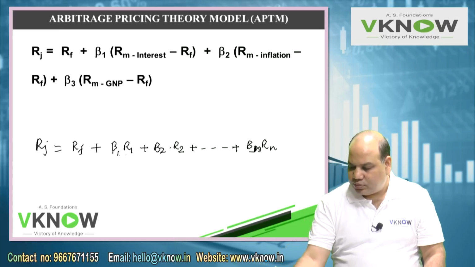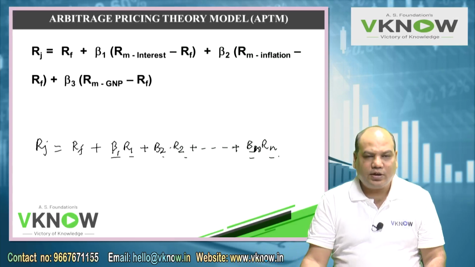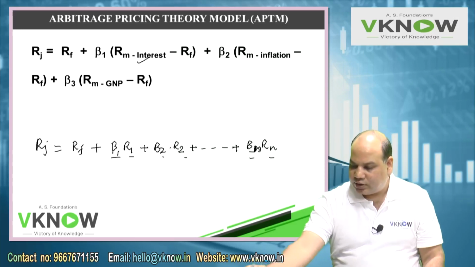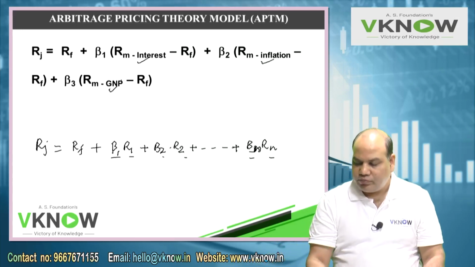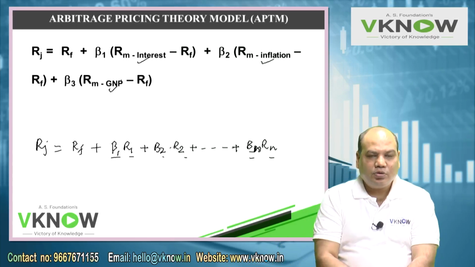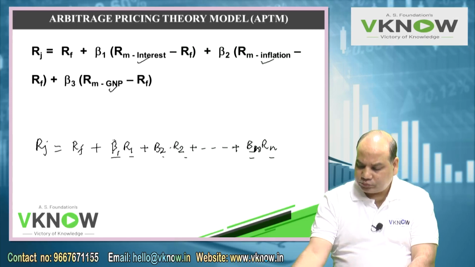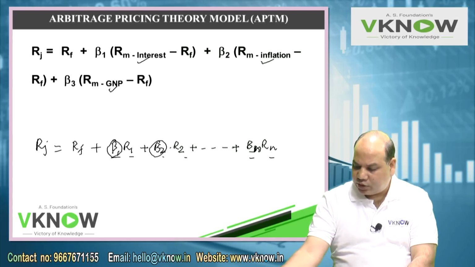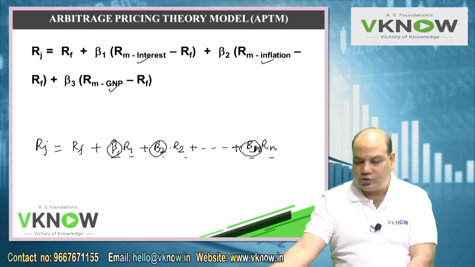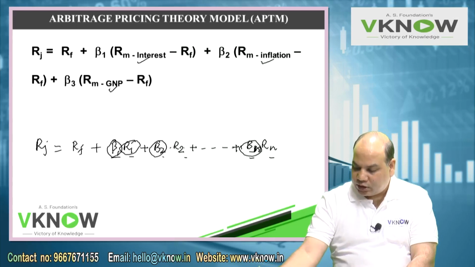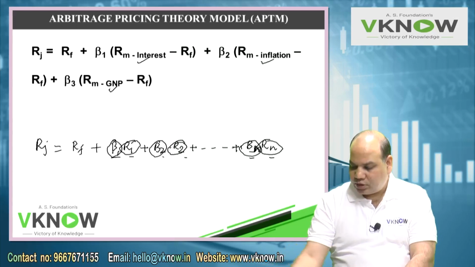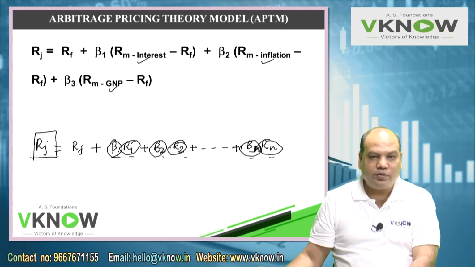So this 1, 2, 3 can be different factors like interest factor, inflation factor, GNP factor. So this APTM requires you must compute different betas for each factor affecting the stock's return and their corresponding risk premium, and then compute the return of the stock.